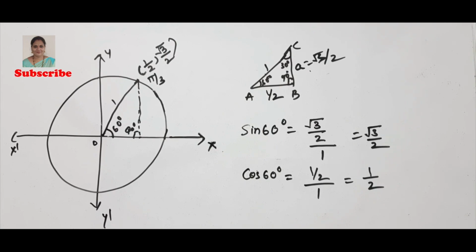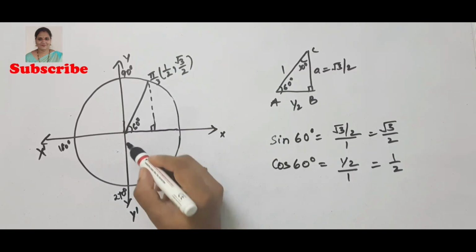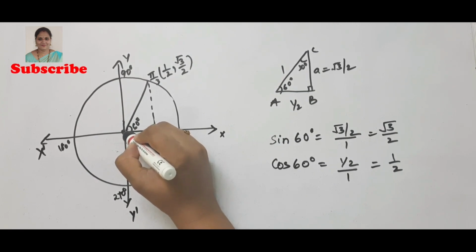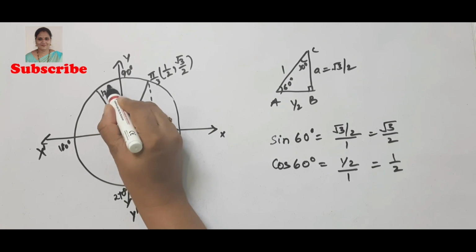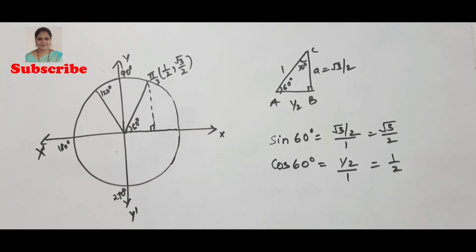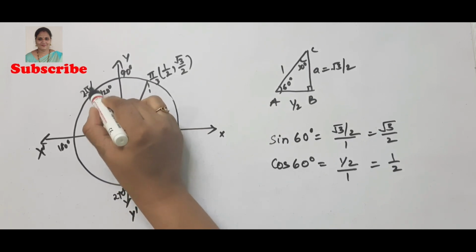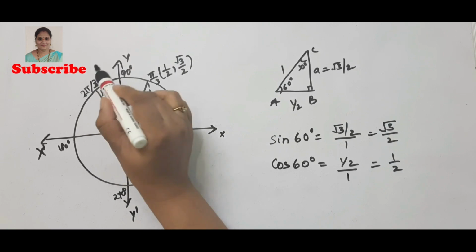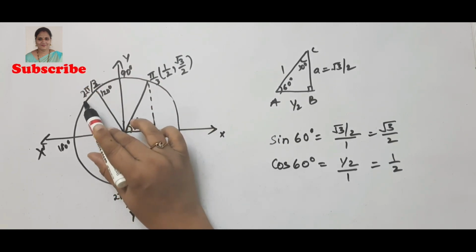Now, as we have done for 60 degrees, similarly if you calculate at 180 minus 60, that is 120 degrees, which in radians we can write as 2 pi by 3.